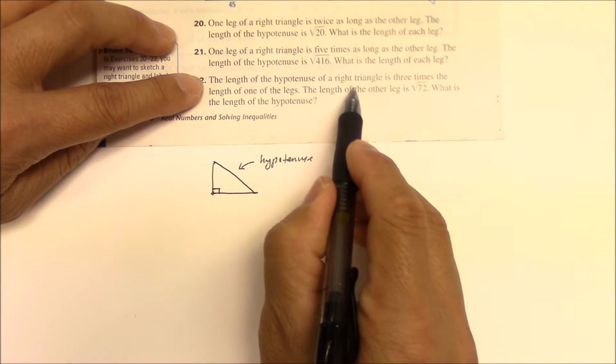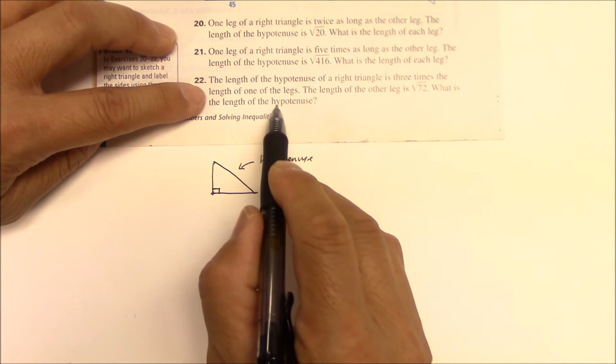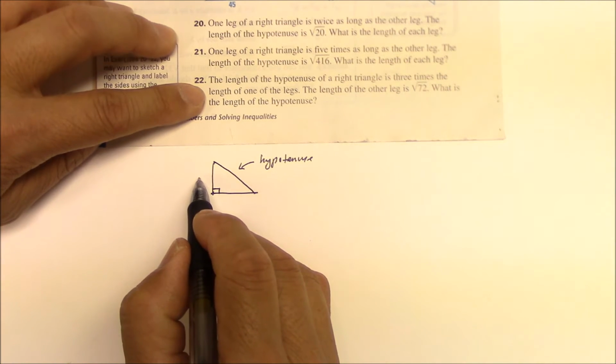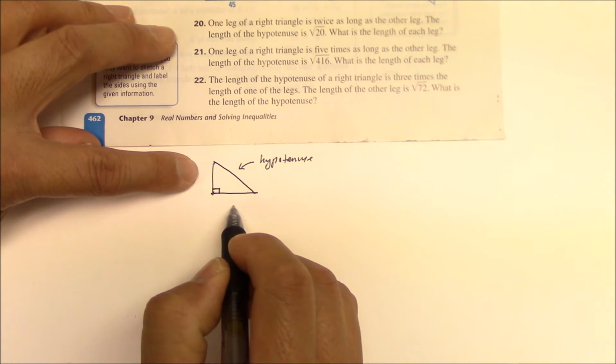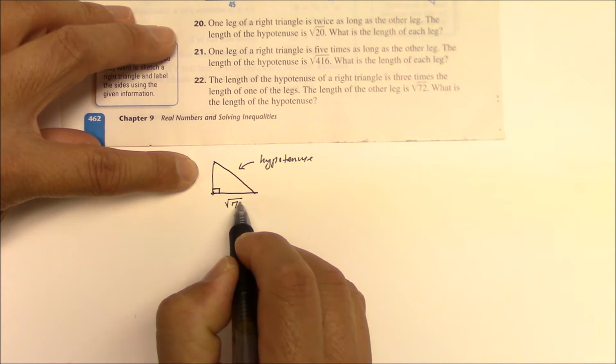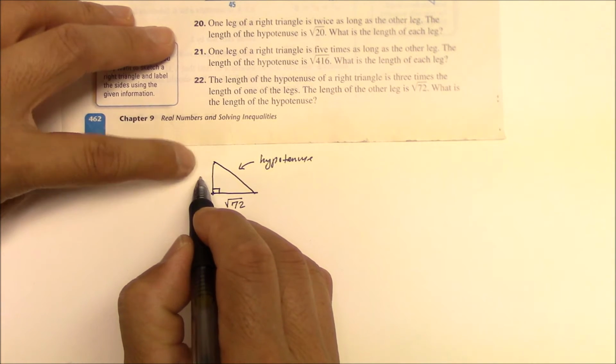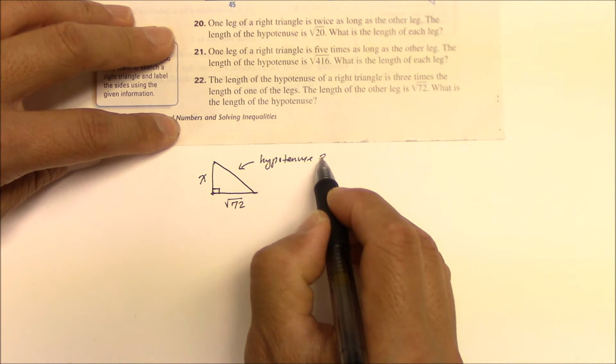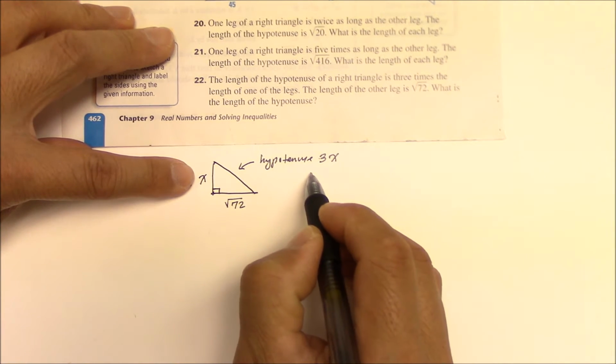The length of the hypotenuse is 3 times the length of one of the legs. 3 times whatever this is. Whatever the other one is, a square root of 72. I don't know what this is, but whatever, the hypotenuse is 3 times that. So let's call it 3x.